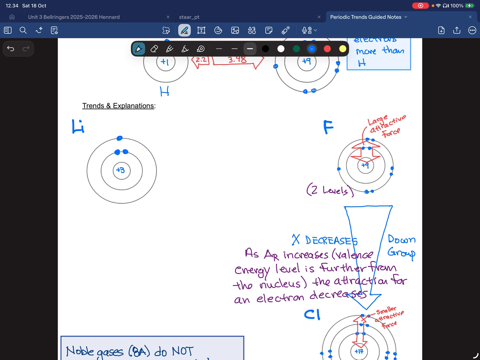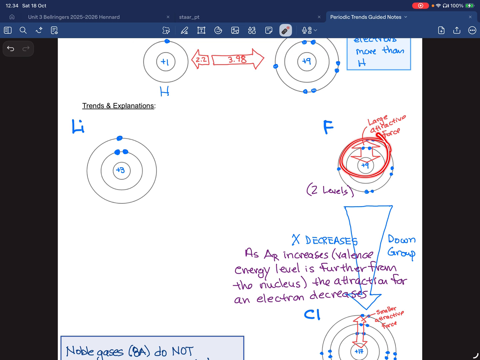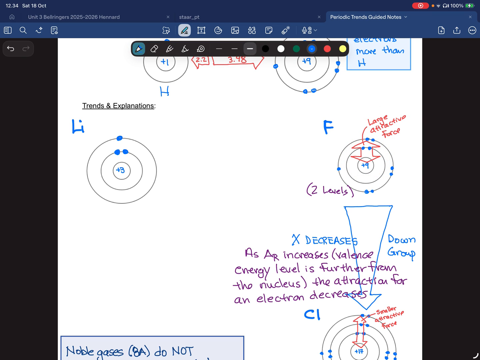So you can see fluorine has got a positive 9, so it has a pretty large attractive force. But lithium, on the other hand, has only got a positive 3, so it's got a relatively small attractive force between the positive nucleus and the negative electrons.